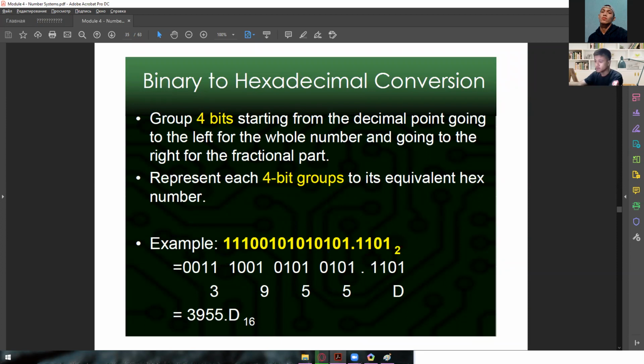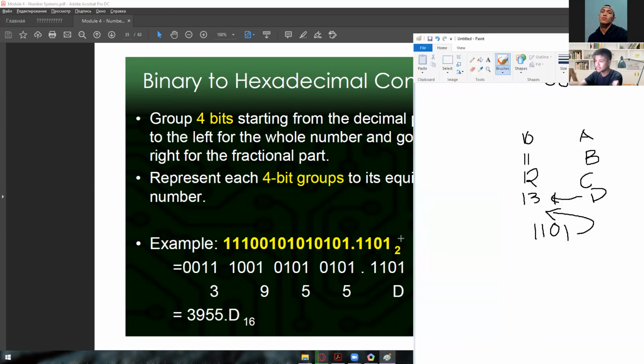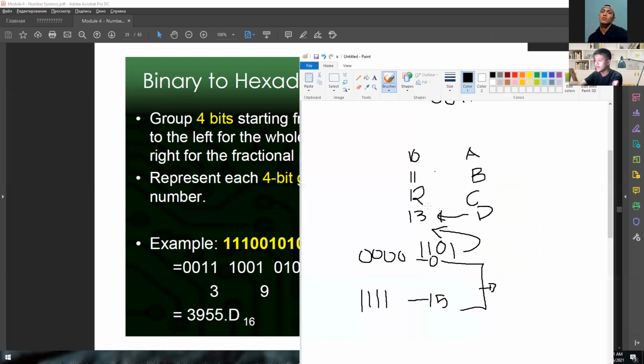Why by 4 only? Because in hexadecimal, just by having this 4-bit, you can already accommodate from 0 up to 15, wherein 0 to 15 is hexadecimal.